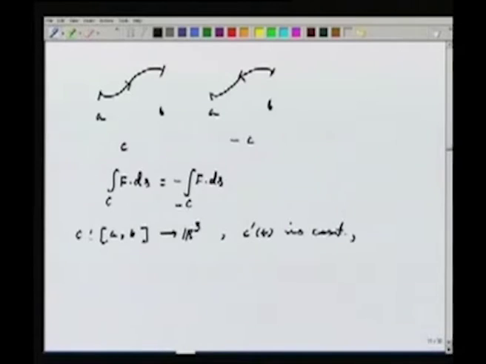Now I also assume that C prime t is non-zero for all t. So it's an additional property I am throwing in. In most of the cases you will have this property satisfied, that the derivative of C is always non-zero. Then I can form the unit tangent vector.